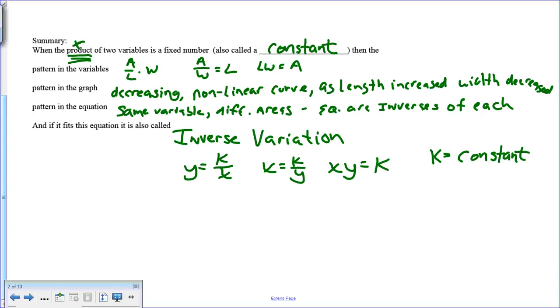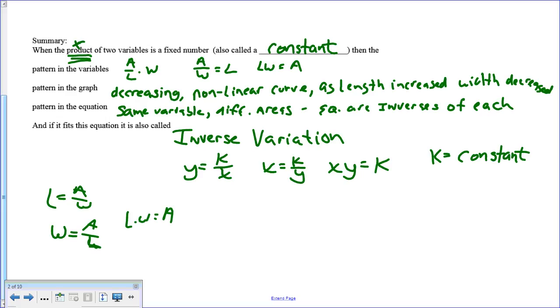And within our problems, if we wanted to find the length, the length equaled the area divided by the width. If we wanted to find the width, it was the area divided by the length, right? If we wanted to find the area, we took the length times the width, right? These are all the same with this.